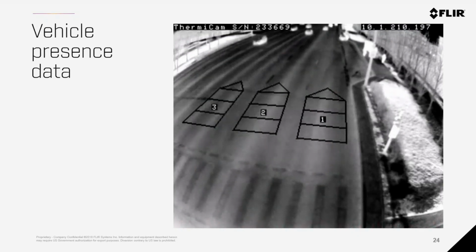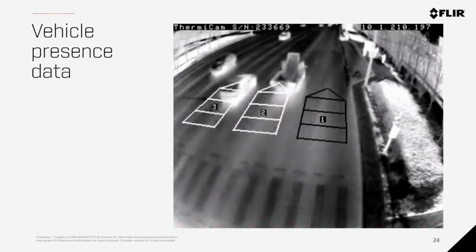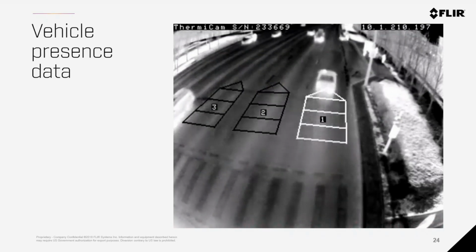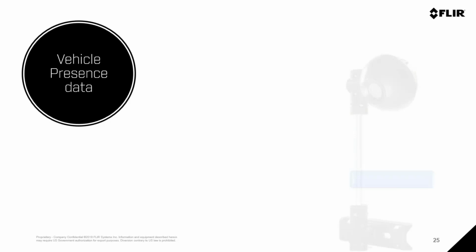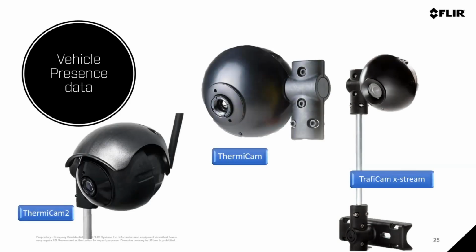This type of data can only be collected by devices that are Ethernet devices. So these are the ones that can collect that. It can be done with a Trafficam Extreme, with the Thermicam and the Thermicam 2. So these three devices can collect this type of vehicle presence data.